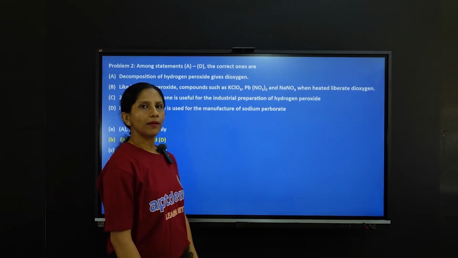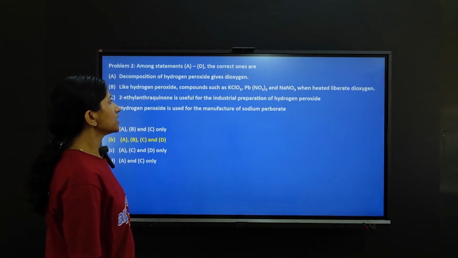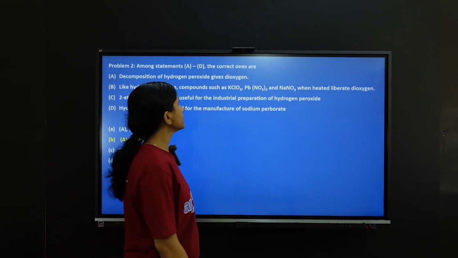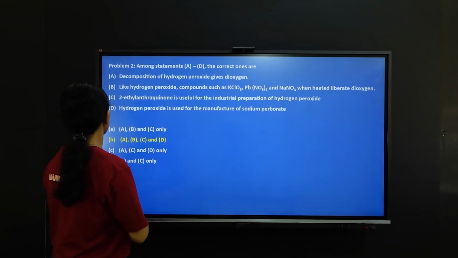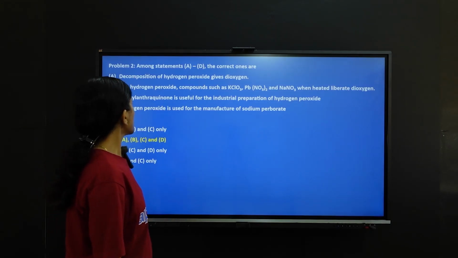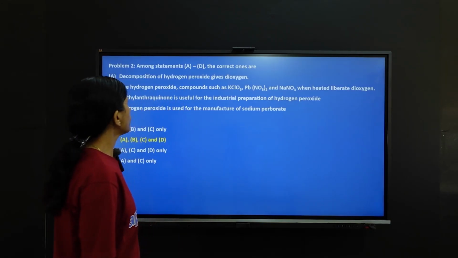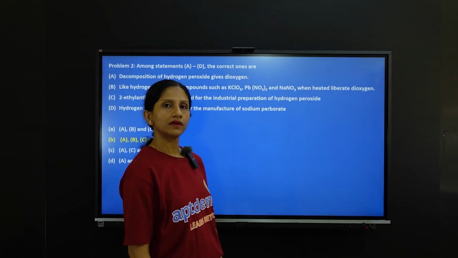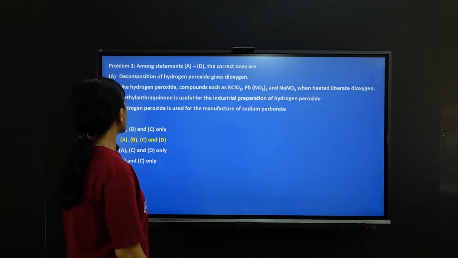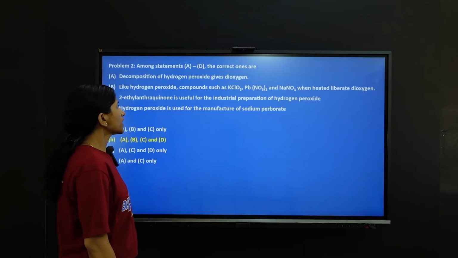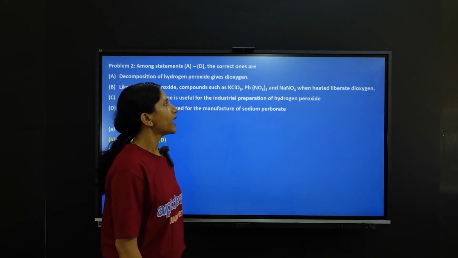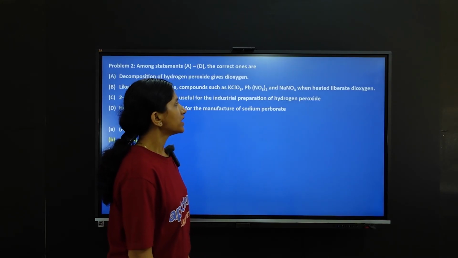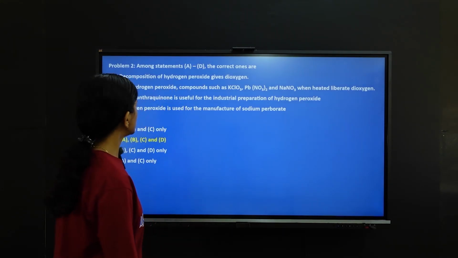Problem 2 is asking, among statements A to D, four statements are given. We have to choose the correct ones. Statement A is saying decomposition of hydrogen peroxide gives dioxygen. Statement B is saying, like hydrogen peroxide, compounds such as KClO3, Pb(NO3)2 and NaNO3 when heated liberate dioxygen.